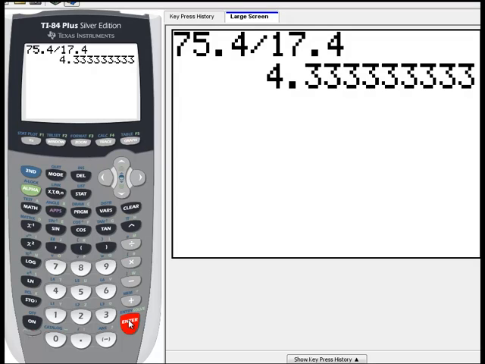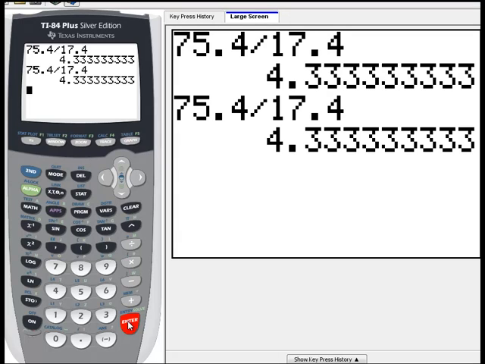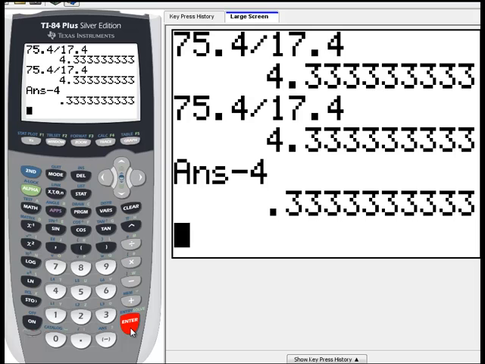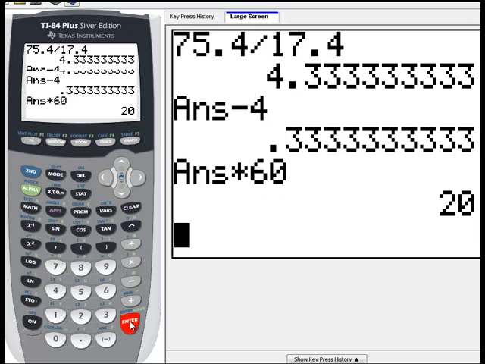Okay, about 4.333. Now how would that be in terms of hours and minutes? We could subtract the 4 hours, and then multiply the remainder by 60 minutes per hour. So we're looking at 4 hours and 20 minutes.